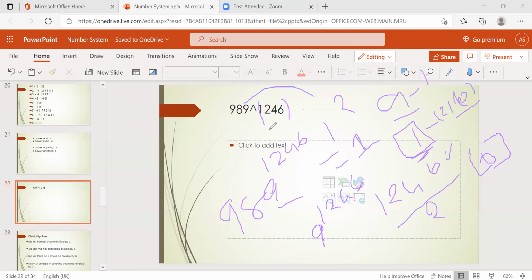Just divide this number by the power cycle. What is the power cycle? 2, right? So the power cycle is 2.